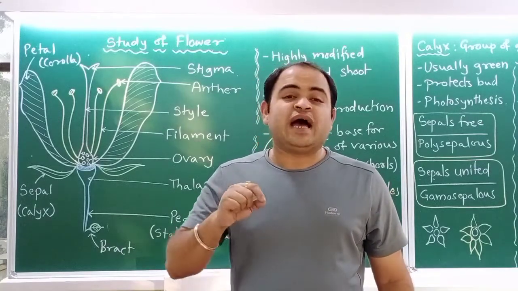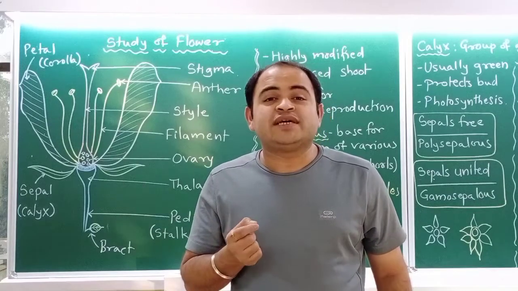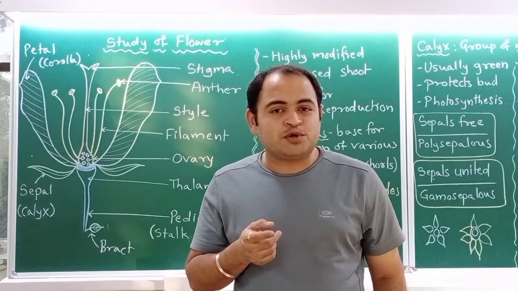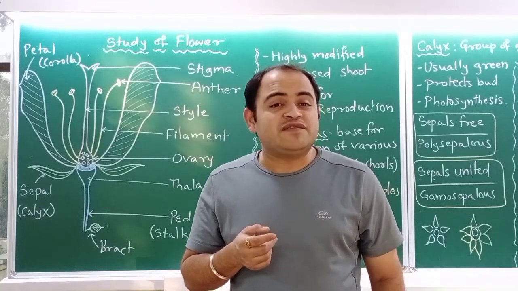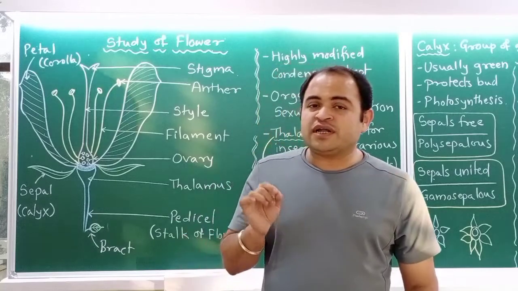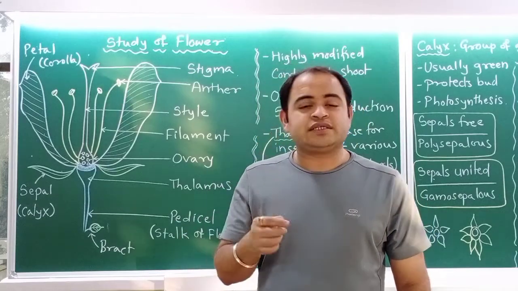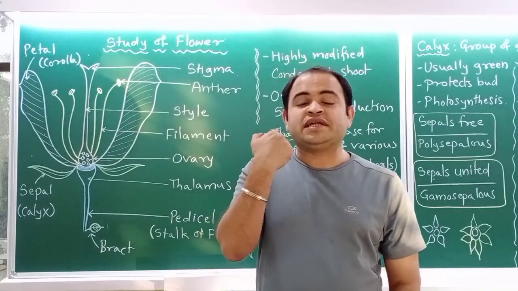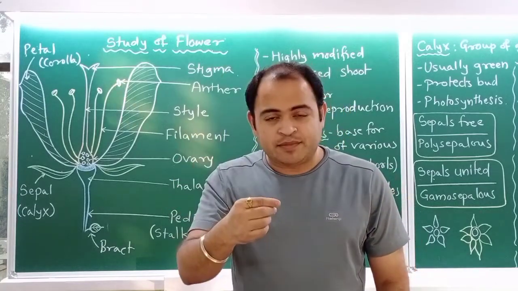When pedicel is absent, it is called sessile. This particular word was introduced to you during your leaf topic, right? So this sessile flower is always without any pedicel. So it is getting directly attached to the stem.